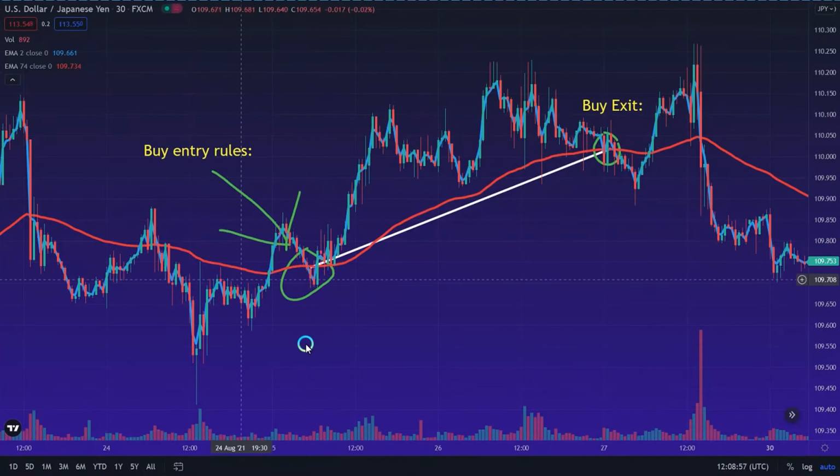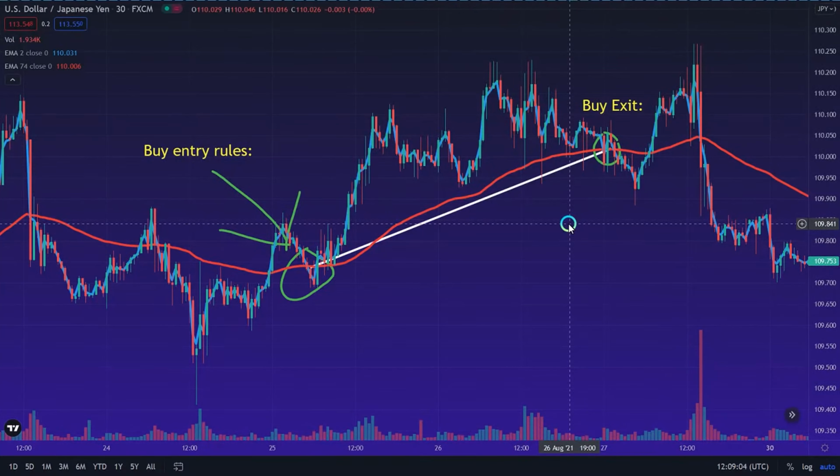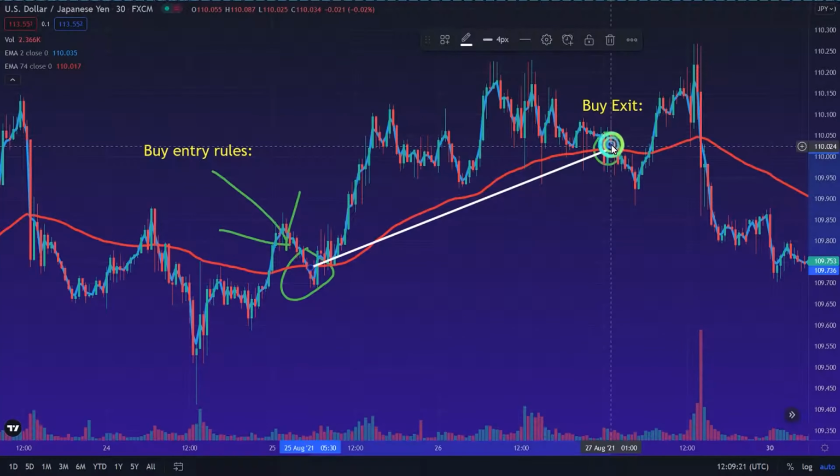The example trades that I will show you for buy entry, buy exit, sell entry, and sell exit rules are not just things that I drew on the chart because I could have drawn more beautiful trades, but that's not how life works.